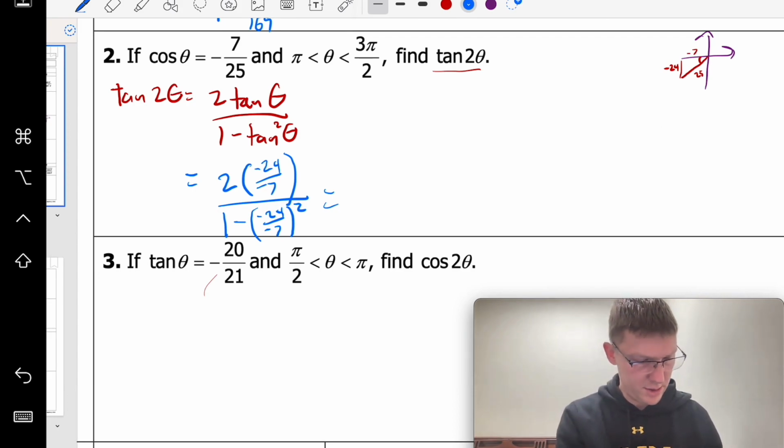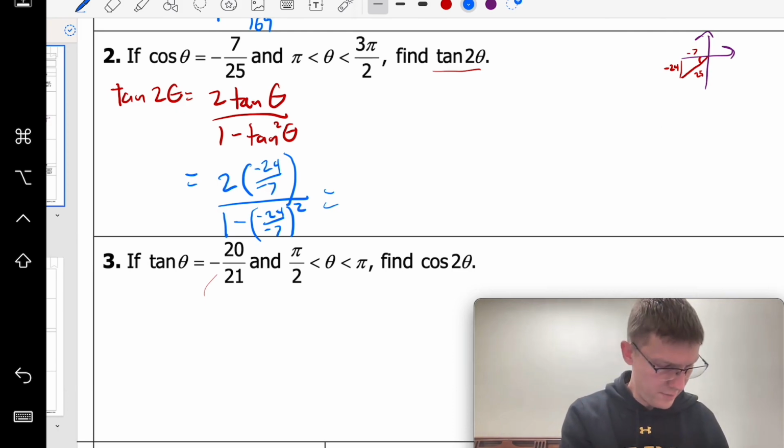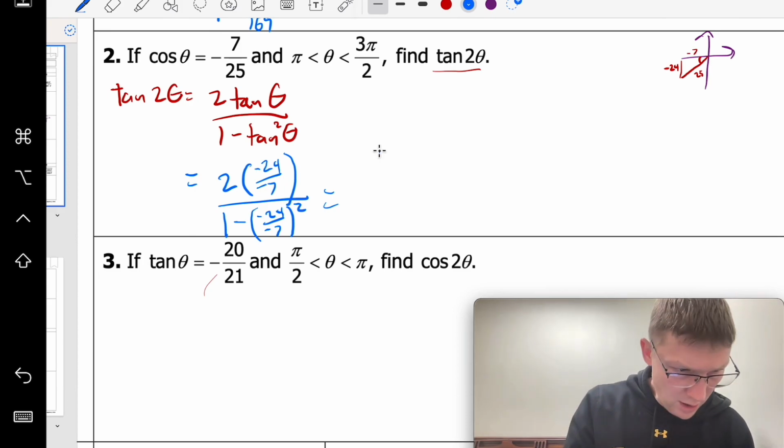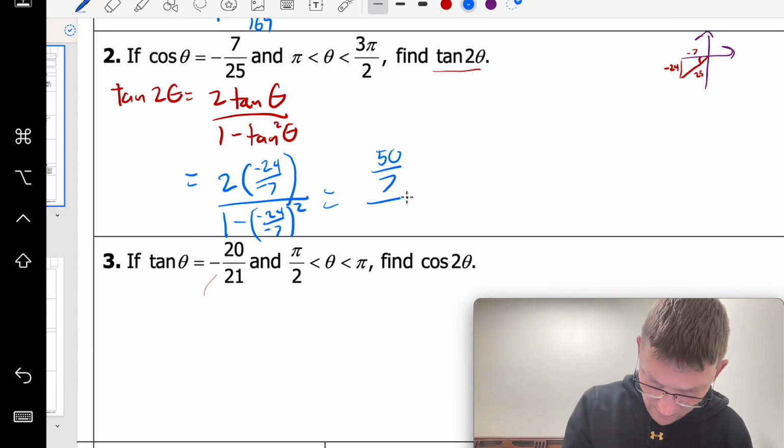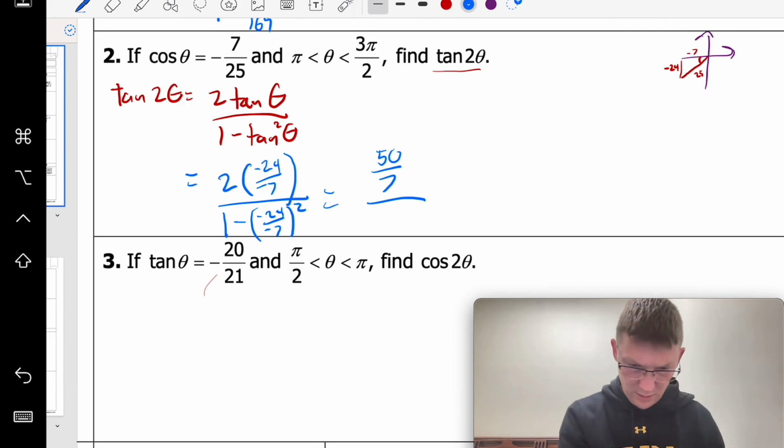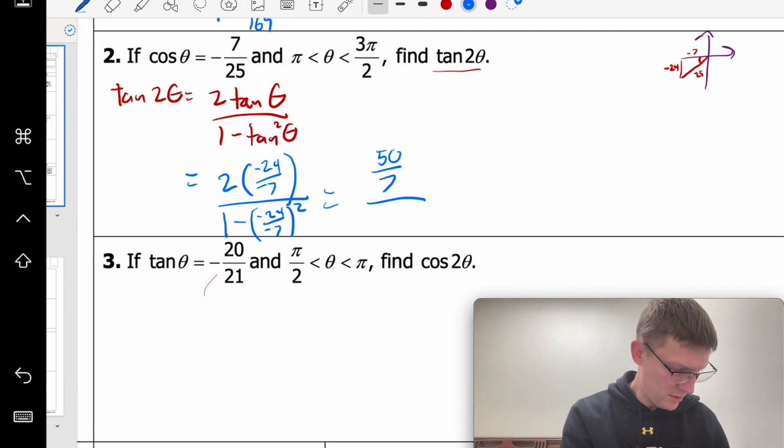Let's see here. 2 times 25 divided by 7. We're going to turn that into a fraction. So now we've got 50 over 7 over 24 divided by 7, and then we're going to square that, and then take 1 minus our answer. Does that turn into a fraction?